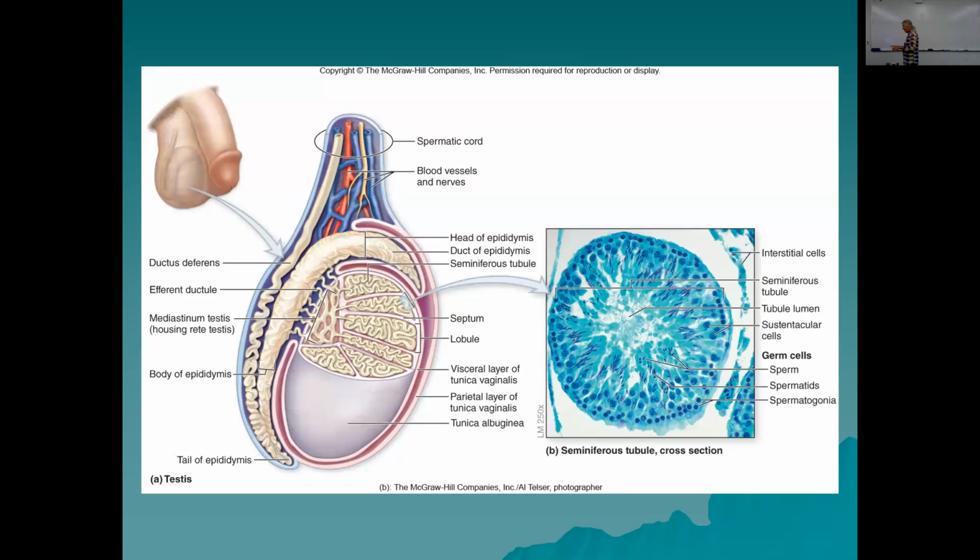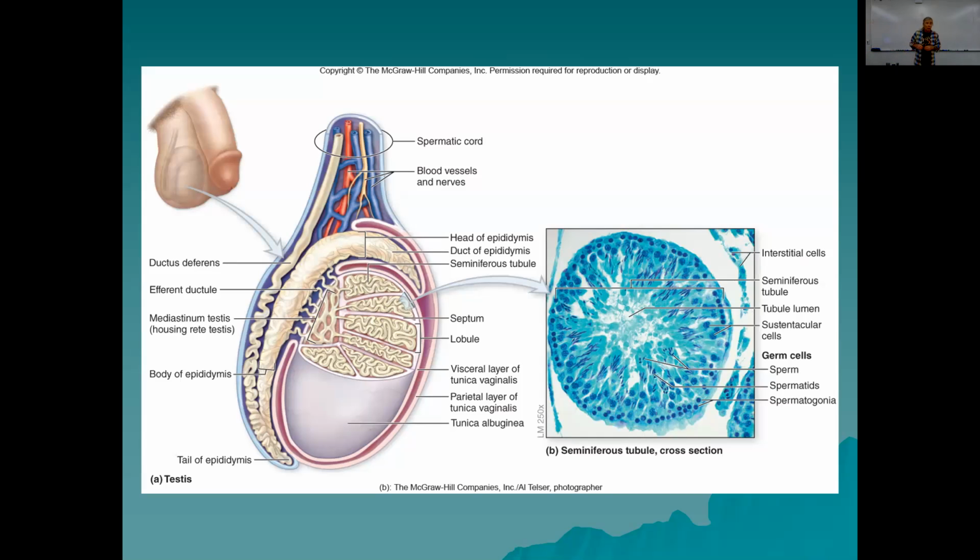And here's a cross-section of the anatomy of the testis. Let's go to the mediastinum testis, and the efferent ductules becoming the body of the epididymis. And we have connective tissue on the outside of the testis, and there's the ductus deferens leading up to the spermatic cord.